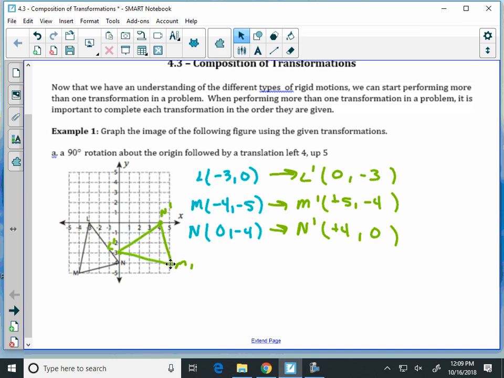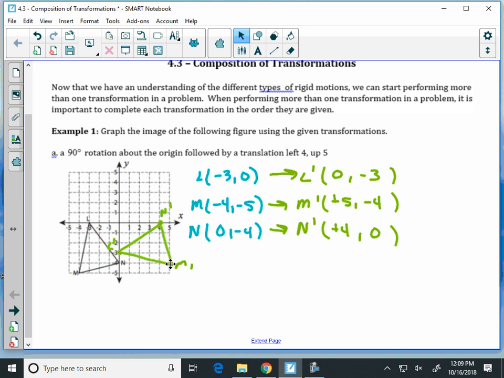Then we have to do the second transformation, which is a translation, left 4, up 5. So when we do our second transformation, we always do it to the second figure. Right? So technically, what we did is took this triangle and rotated it here. So if we had the ability, that guy would be gone. That wouldn't be there anymore. It'd be over here.